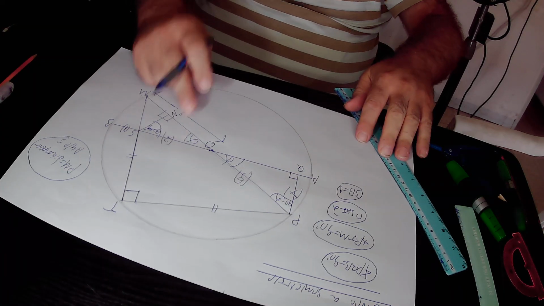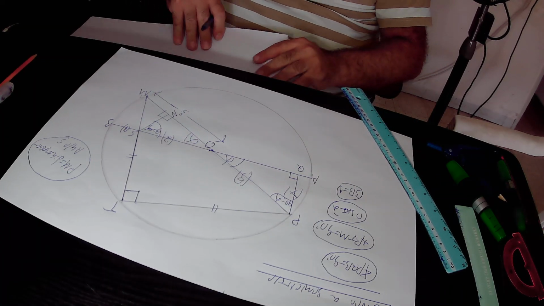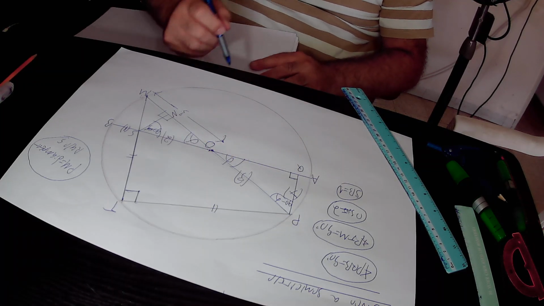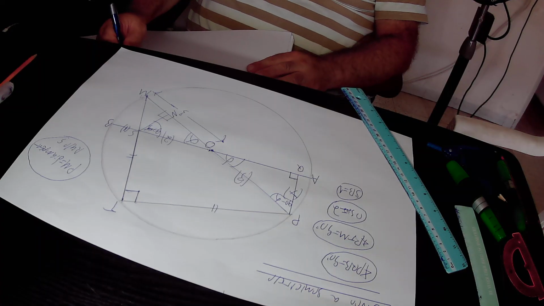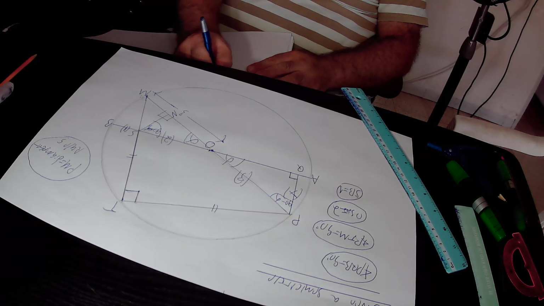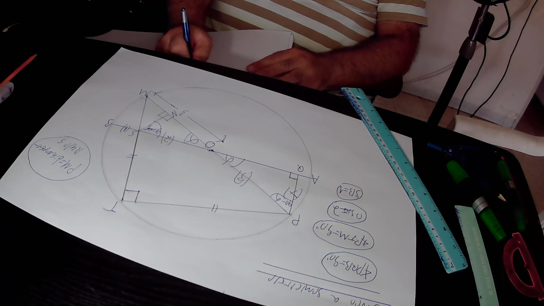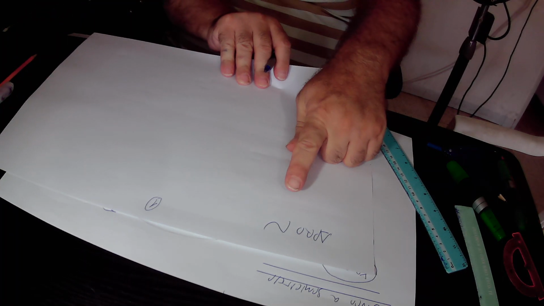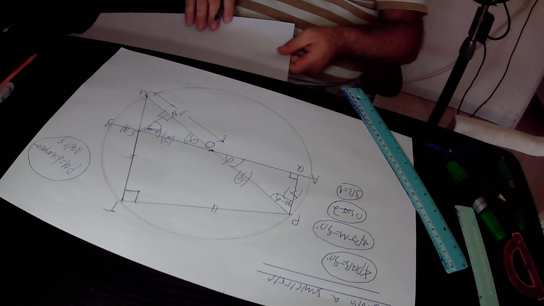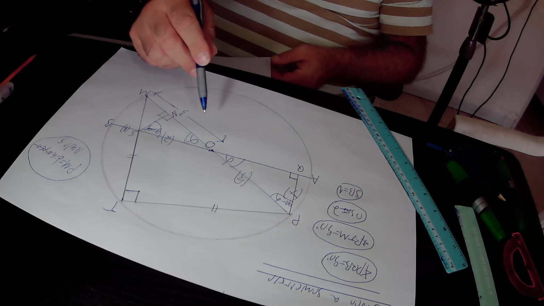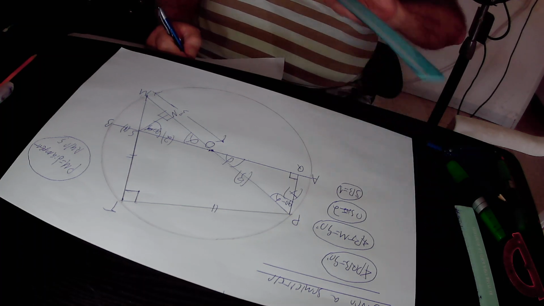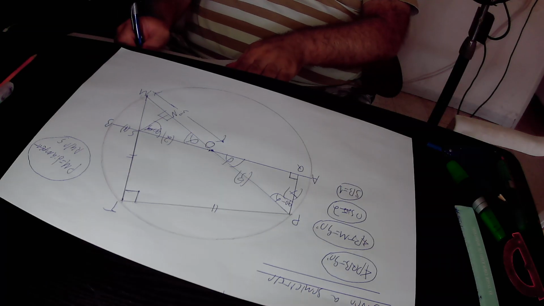So we actually found out that the upper right triangle PQO is similar to the lower right triangle ONS according to angle similarity rule.